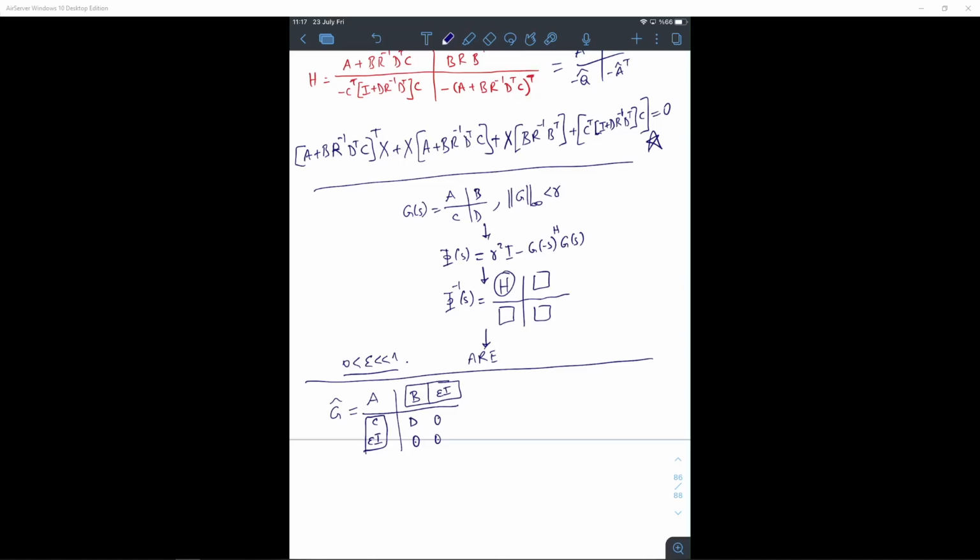This is D. And we can show G is like C (sI - A)^-1 B plus D. This is something we know by heart at this point.